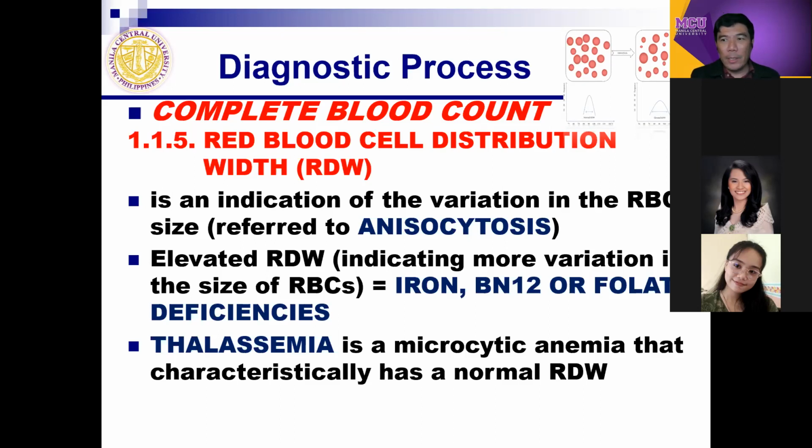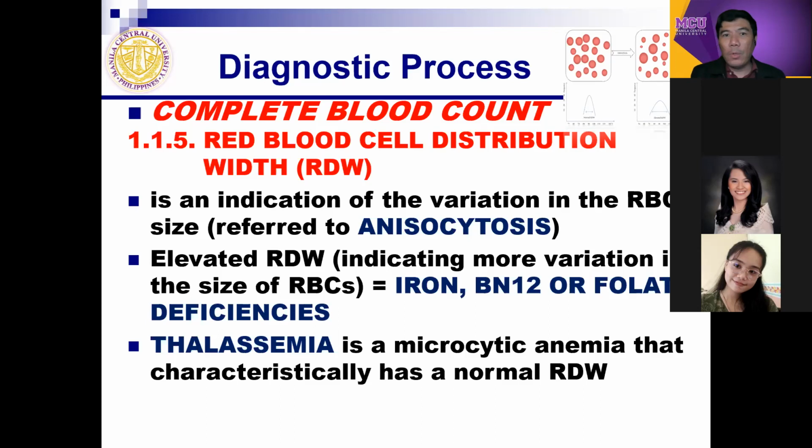This is a blood disorder wherein the production of hemoglobin decreases, and because of the decrease in the amount of oxygen in the tissues, it is usually a blood disorder. These are usually the patients who are subject to blood transfusion. Usually it is genetically acquired. Usually thalassemia is microcytic anemia, but its RDW is normal.